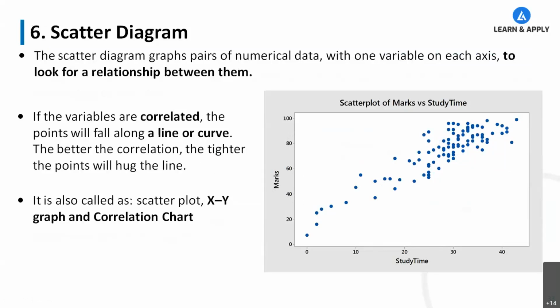And if in one subject we have not given that much time, then we get lesser marks. With such a scatter plot we get the relationship between the two variables, and it is also called a scatter plot, XY graph, or correlation chart, as it gives us the correlation between the two variables. The seventh tool, again I'll stop for a few seconds.